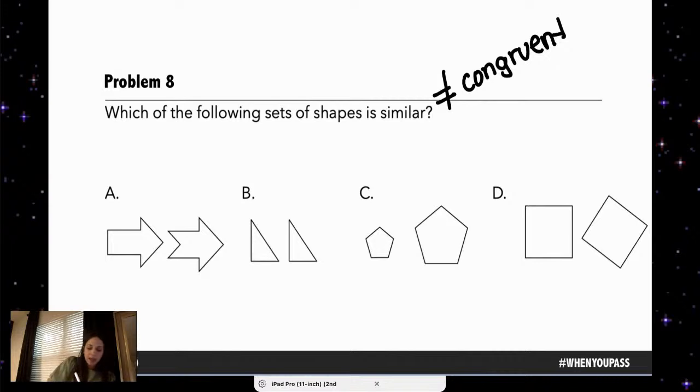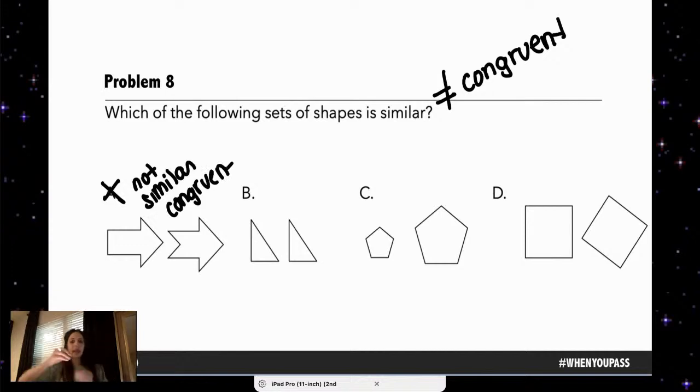So, A, not similar, not congruent. Similar means I took a shape and I stretched it proportionally so that they have a similar proportion. They have a proportion that is equitable, but they are not the same size. Yes, Milagros, you're absolutely correct.